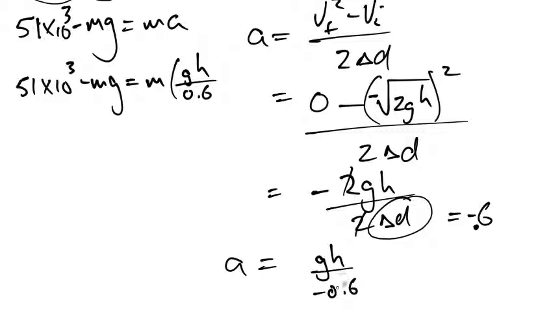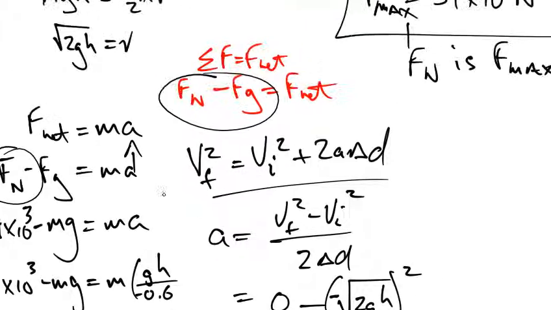So let's put it there. Now you're wondering why that is. Well, it's a loss of altitude. That's why, delta d.